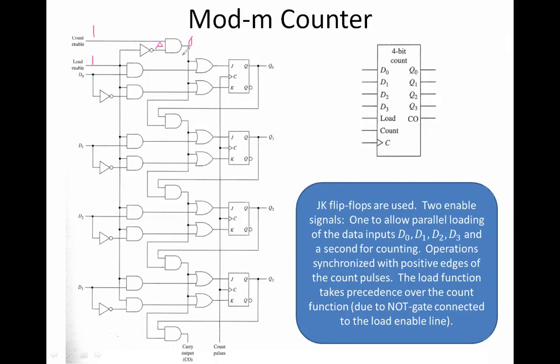So this AND gate is as good as not functional, which means the count is not happening, only the load is happening. So what can we conclude with this? We can conclude that our load enable has higher priority than the count enable. That is what you can understand with this circuit.